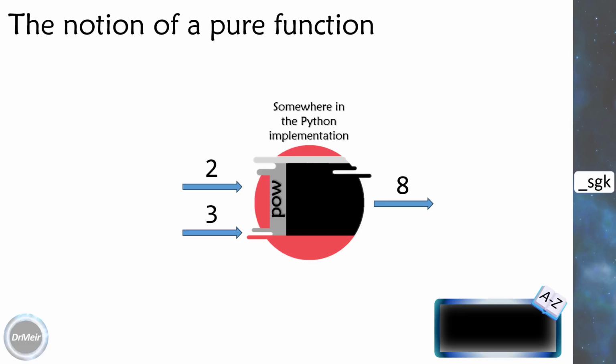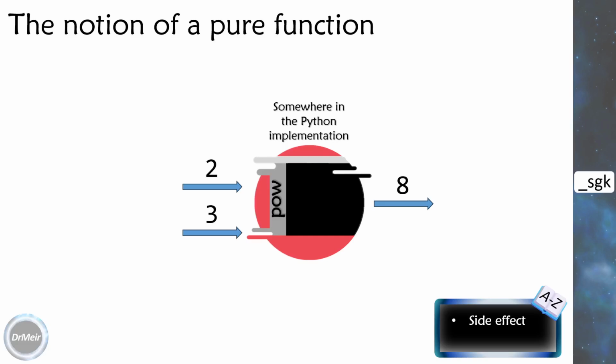Another important point to note is that the power function is well behaved in two important ways. First, it always returns the same result when given the same arguments. In other words, its return value doesn't depend on any external state, like user input, a value stored in the memory, or in a database. Second, it has no side effects.